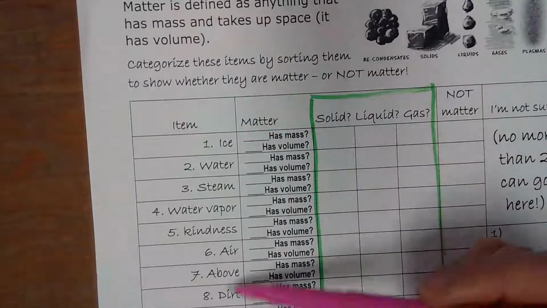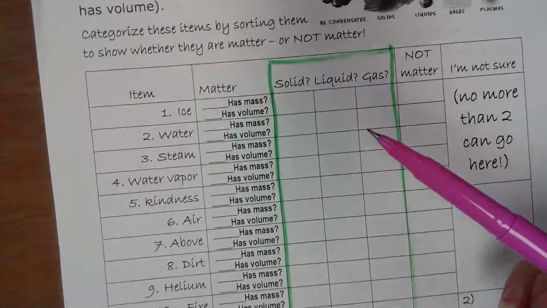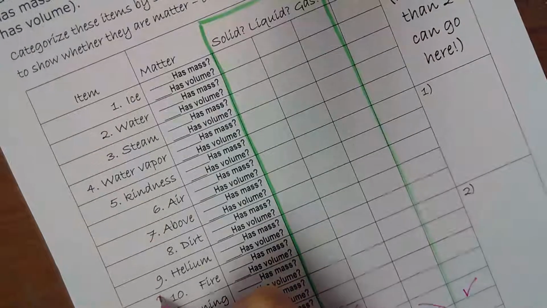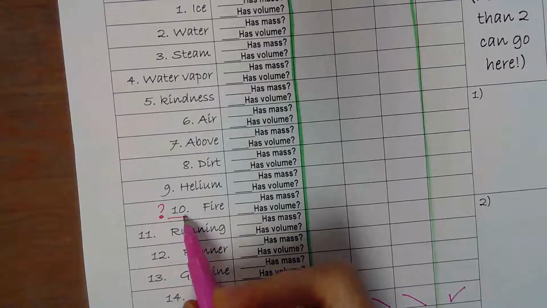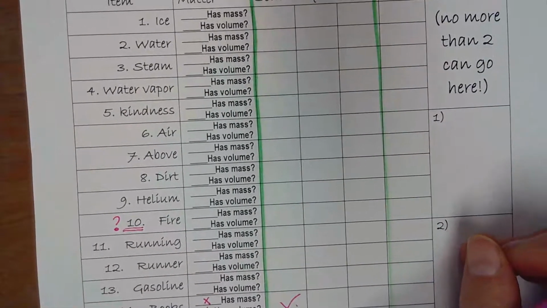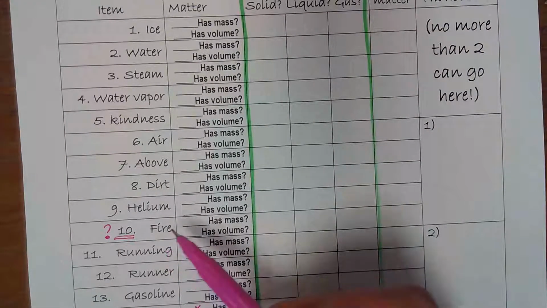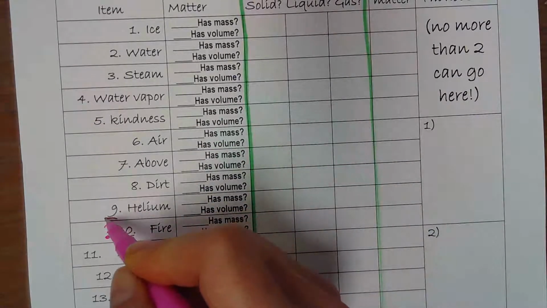On 1 through 13 then, because I showed you how you would go about doing 14 and 15. 1 through 13. Some of these are a little bit tricky. So if you get number 10, that is all well and good, but you might have a question on number 10, especially if you don't remember the video you watched in the last few days about what fire is. Another one, helium.